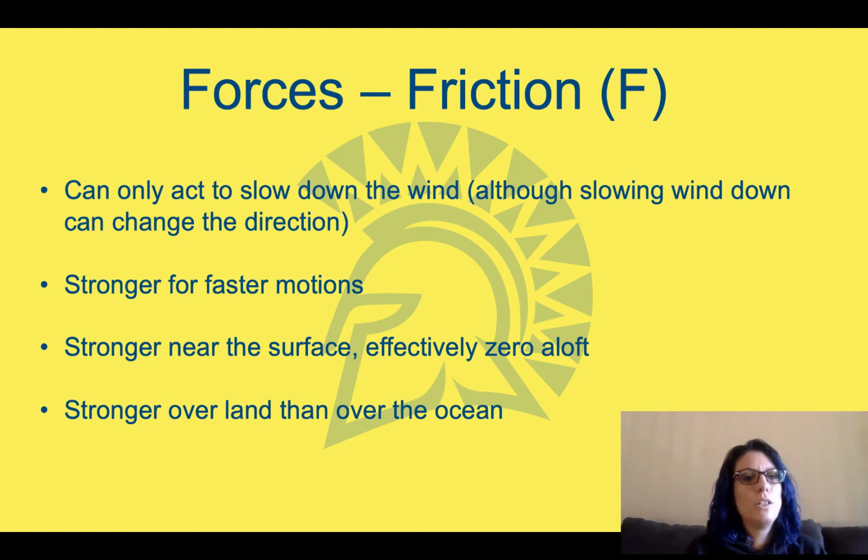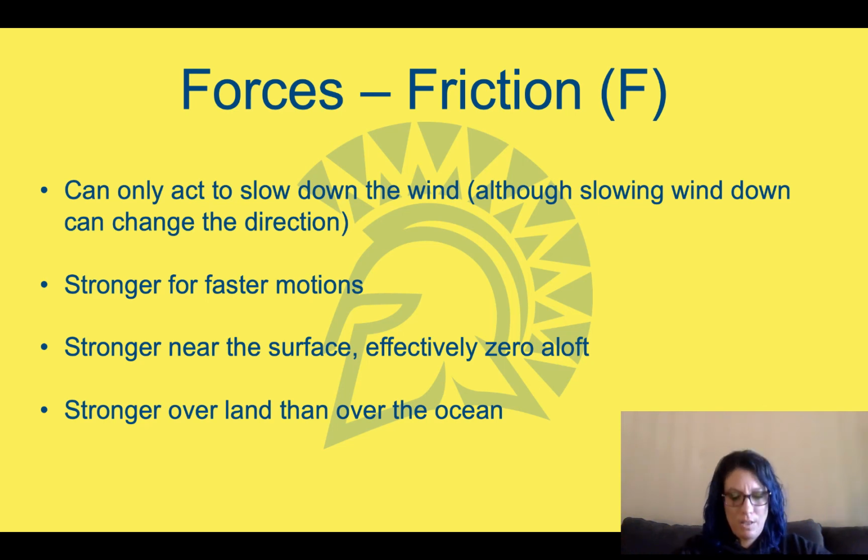The friction force is going to be stronger for faster motions, is stronger near the surface, and effectively zero aloft. Now, why would that be? It's stronger near the surface because of trees and buildings and billboards and cars and people and anything that you might have at the surface.